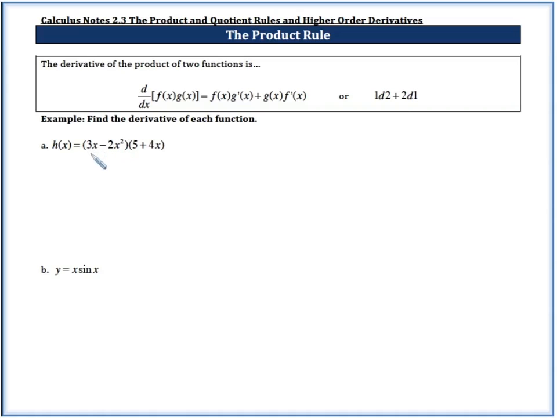In our example here, we have two functions. The first one is 3x minus 2x squared, and it's multiplying 5 plus 4x. If we want to find the derivative here, h prime of x, it's going to be the first function, which is 3x minus 2x squared, times the derivative of the second function, so the derivative with respect to x of 5 plus 4x.